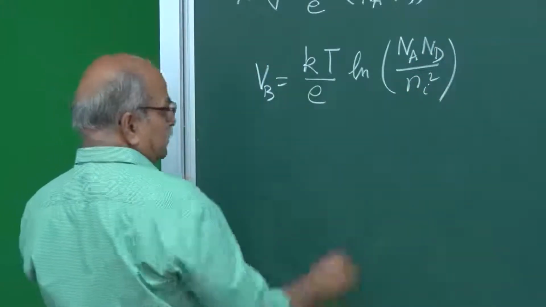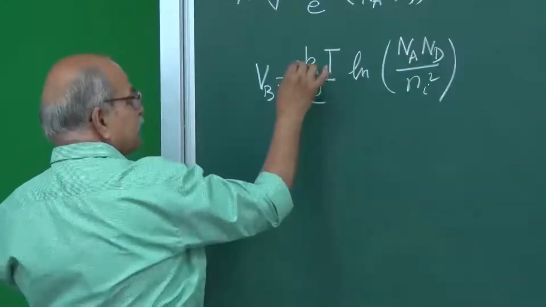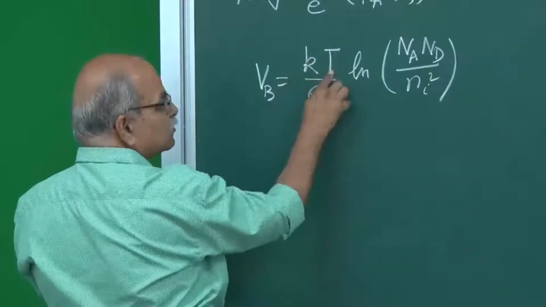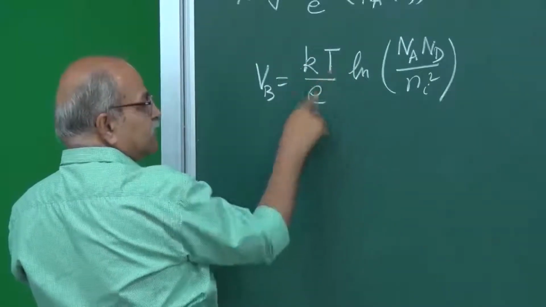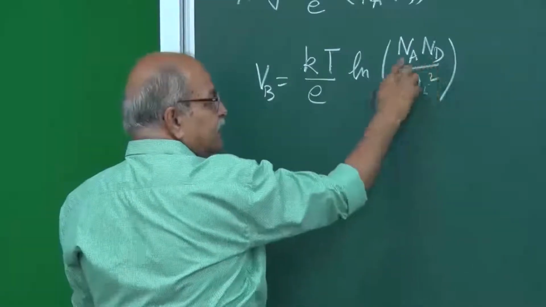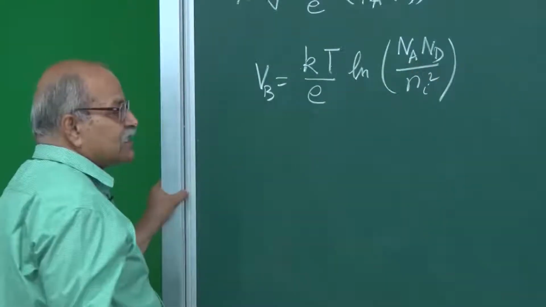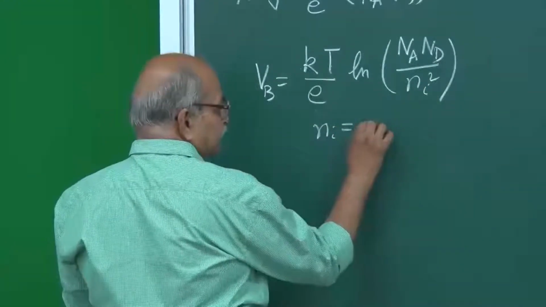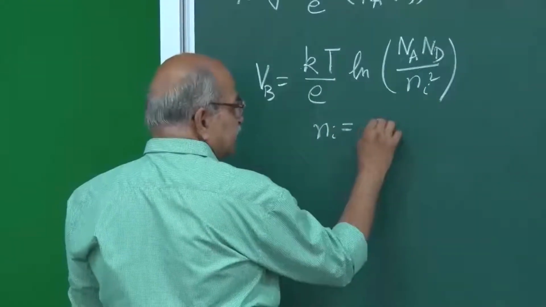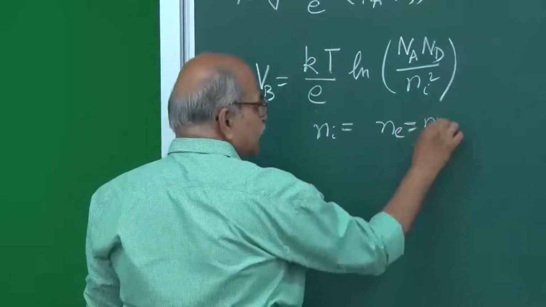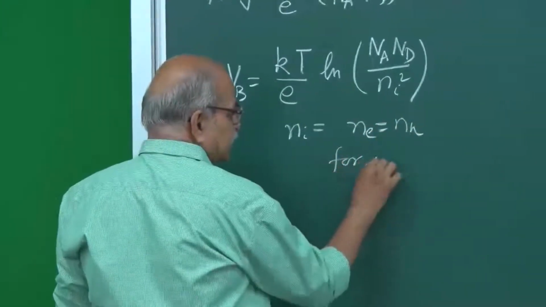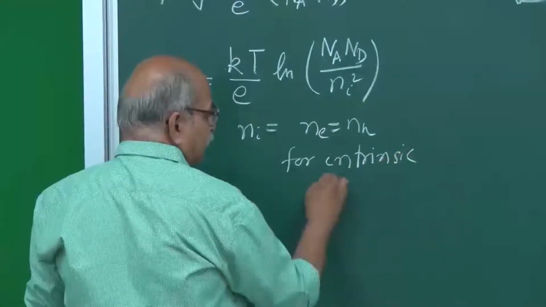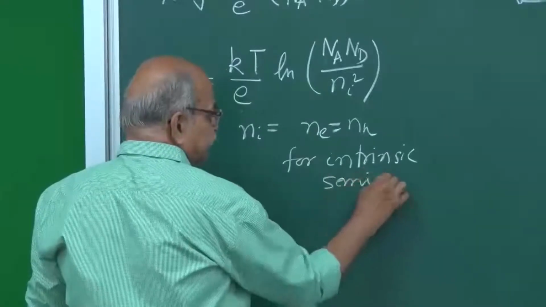You remember we have introduced all these symbols. This is Boltzmann constant K into T, temperature in Kelvin, E is the electronic charge, Na, Nd are the densities of acceptor and donor ions, and this ni is just Ne and Nh, which are equal for intrinsic semiconductor before doping.